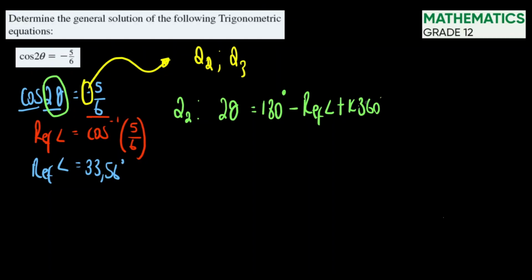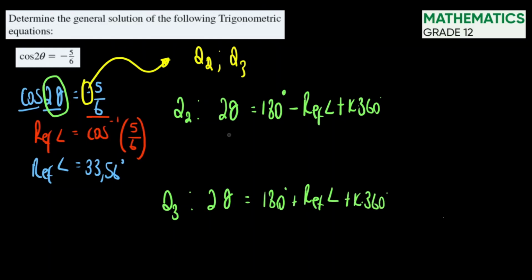Remember, plus k times 360 applies for sine and cos, but for tan it's plus k times 180, because the period of sine and cos is 360 and for tan it's 180. In quadrant 3, 2θ will be equal to 180 degrees plus our reference angle, plus k times 360 degrees.